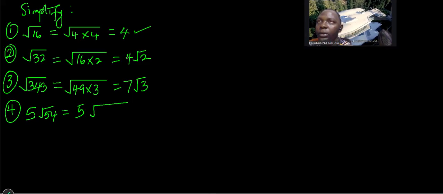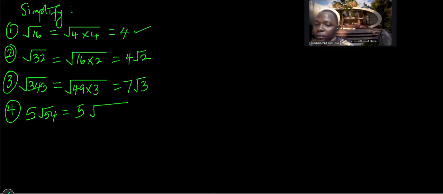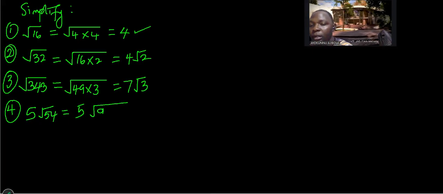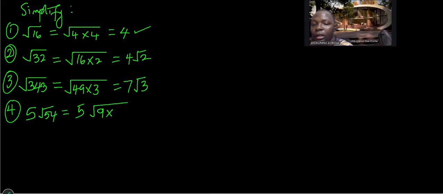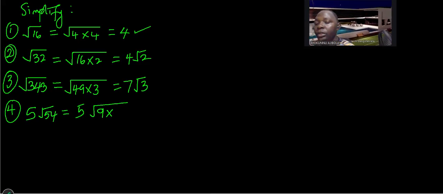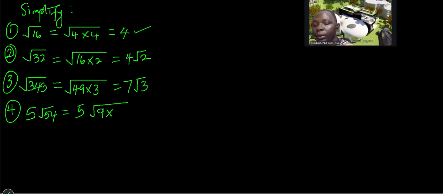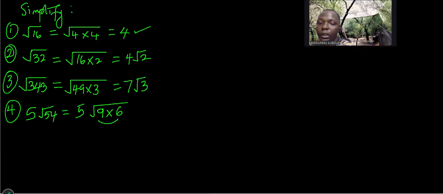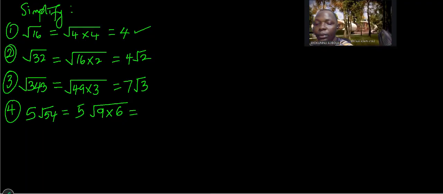It's not a perfect square, but maybe 9, right? Square root of 81 is 9, but square root of 9 will be 3, right? Oh, yeah. So 9 times 6 is 54. So we can get 3 from the 9, so that will be 5 times 3, root 6.